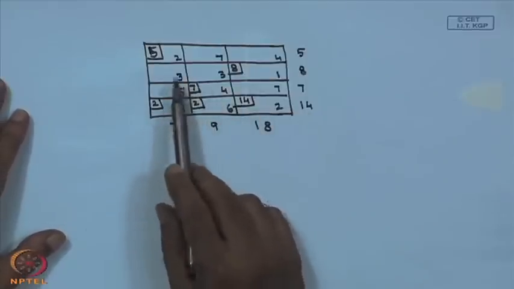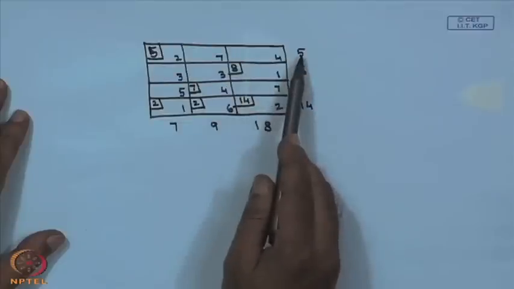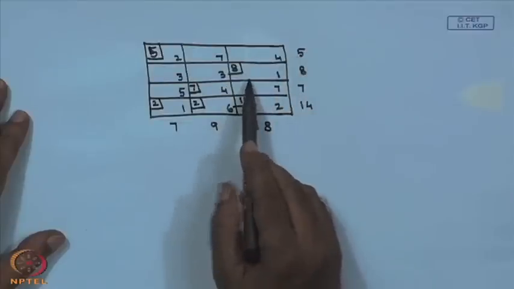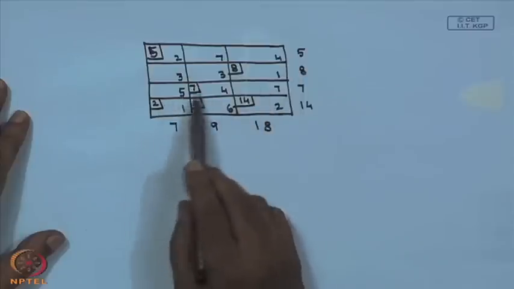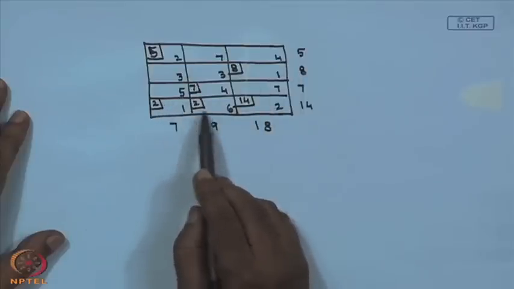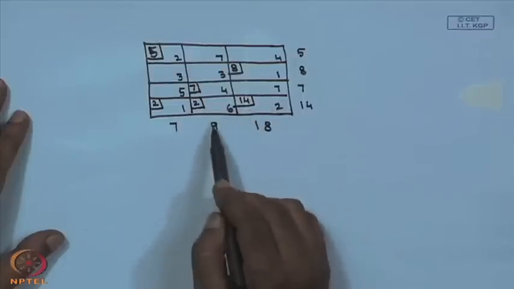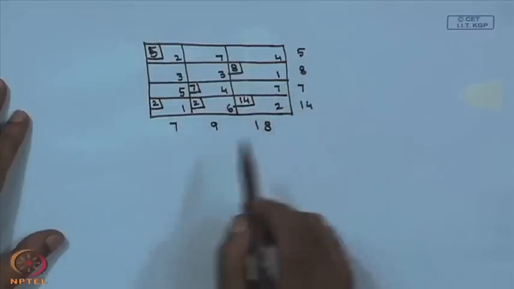So, this is 5, matching with the availability, then on 2 3 it is 8, on 3 2 it is 7, then 4 1 is 2, 4 2 is 2, 4 3 is 14. So, it is matching with all the availability and the demand.